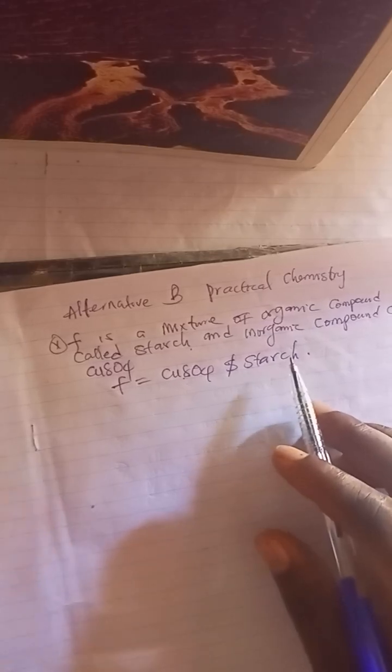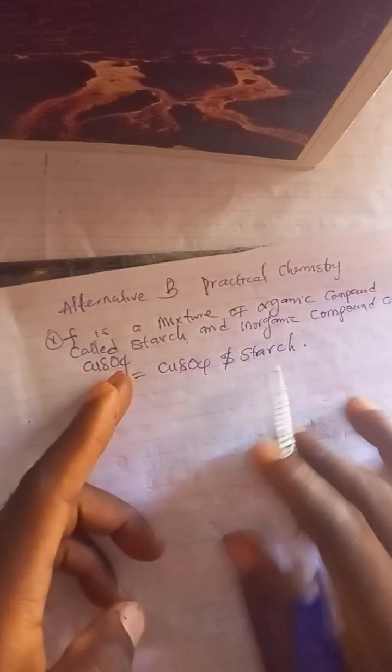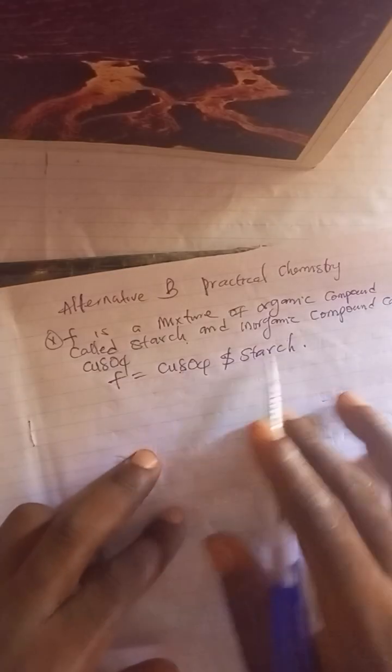What are the particular substance that we can use in order to separate these two mixture? Let us use water. Water is the one that we are going to use, because water will dissolve these two things together.